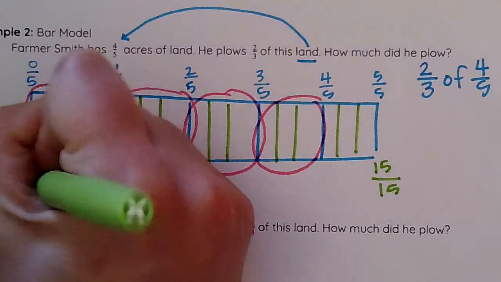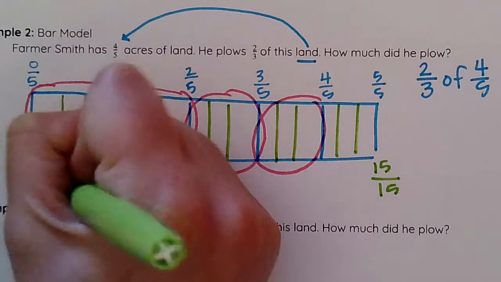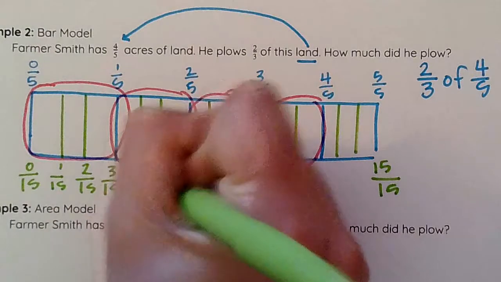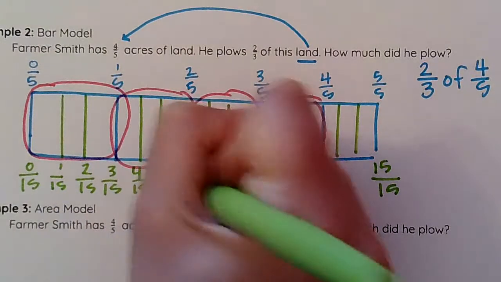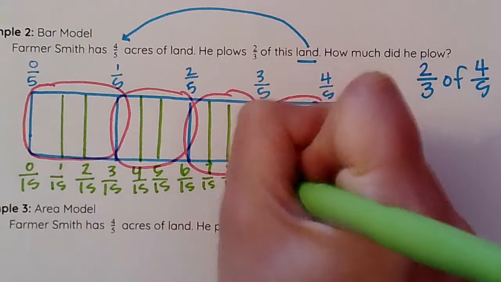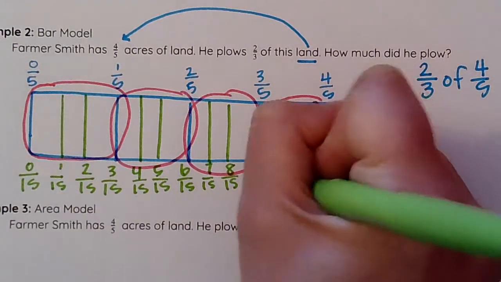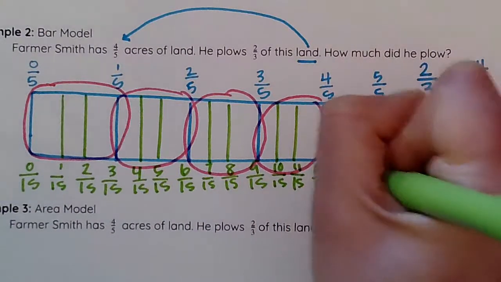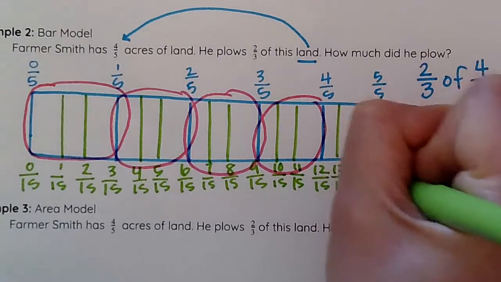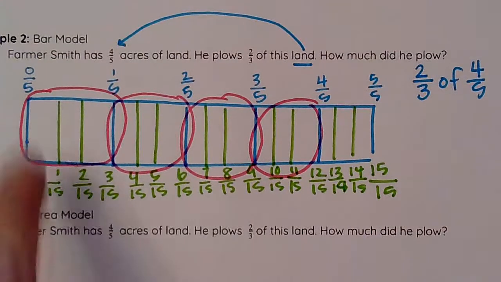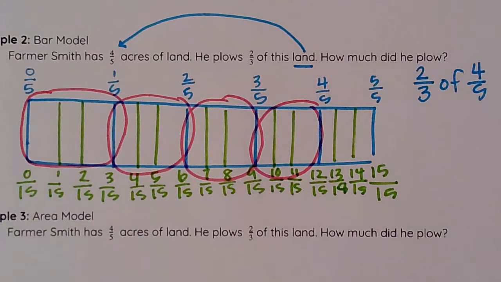So this would be 0/15, 1, 2, 3/15, 4, 5, 6/15, 7, 8, 9/15, 10, 11, 12/15, and 13, 14, 15/15.